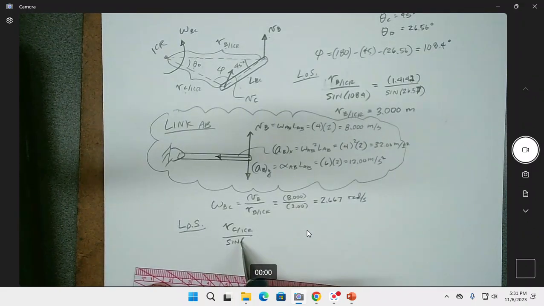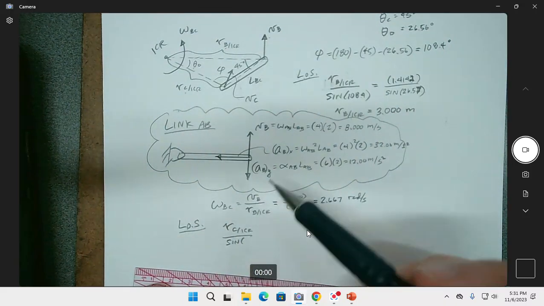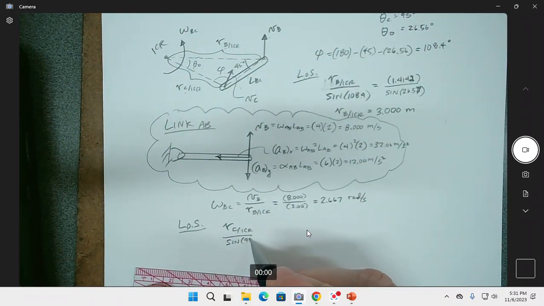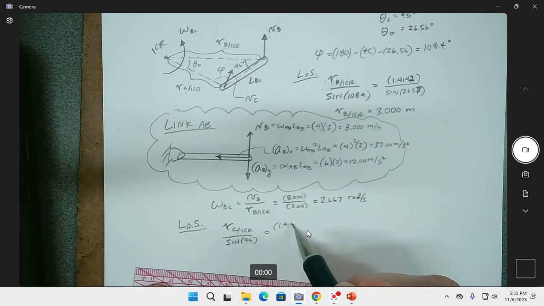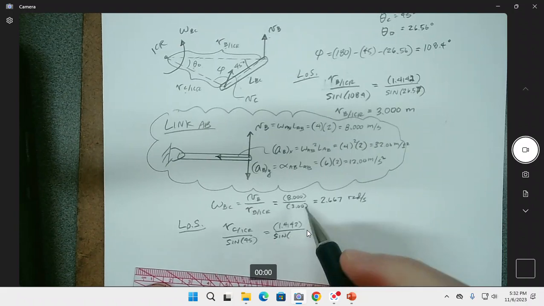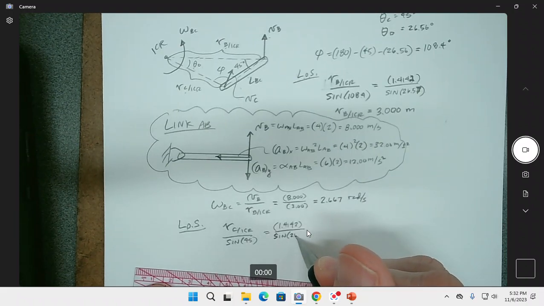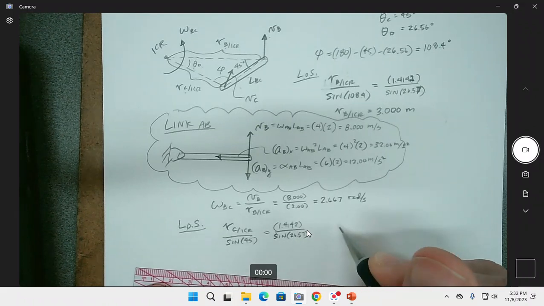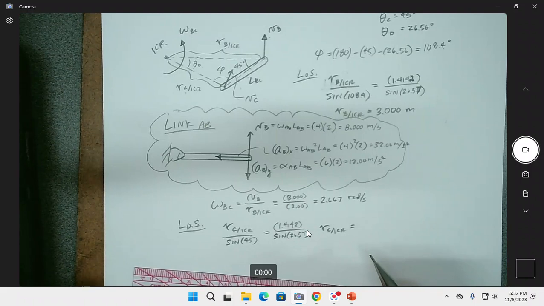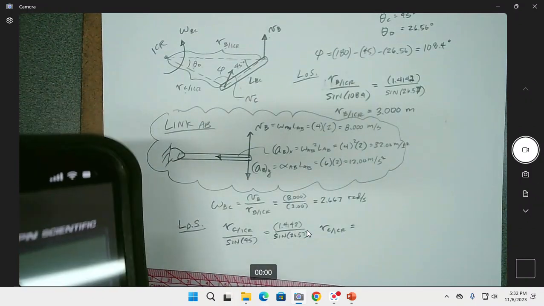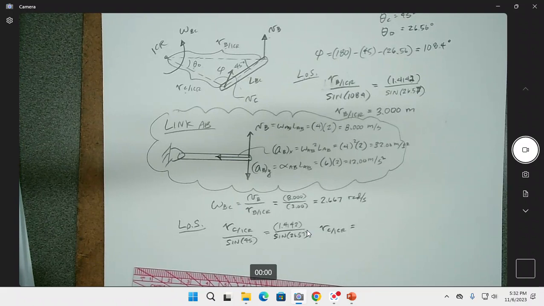We'll go sine of, okay, opposite from this one is our 45, and it's still going to be our 1.4142 divided by the sine of 26.57, RC with respect to ICR. Another time and space, Dr. Deal wrote down that was 2.236.